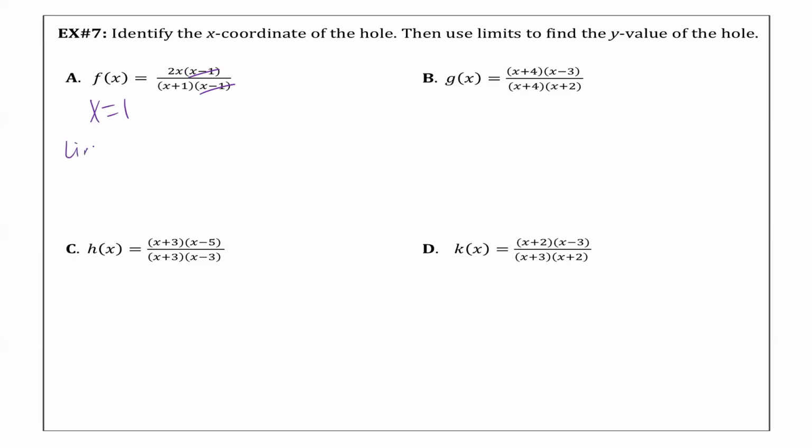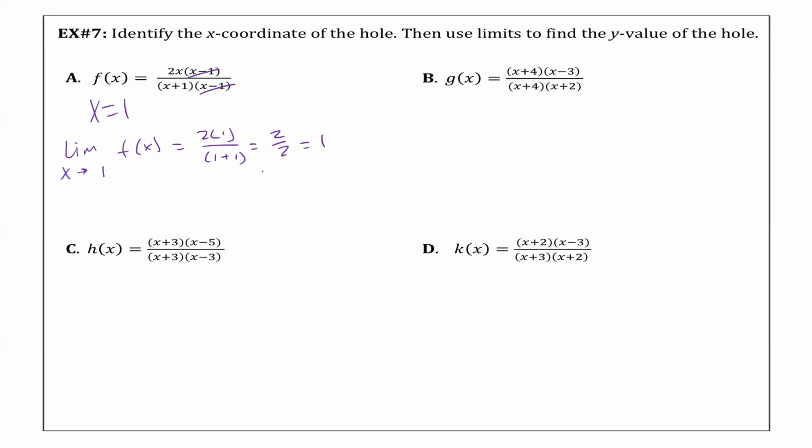So we're now going to look for the limit as x goes to 1. That means I'm going to plug 1 into f of x. 2 times 1 over 1 plus 1 equals what? 2 over 2, which is 1.